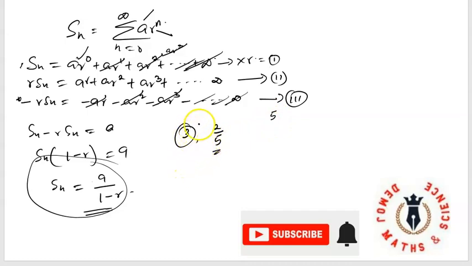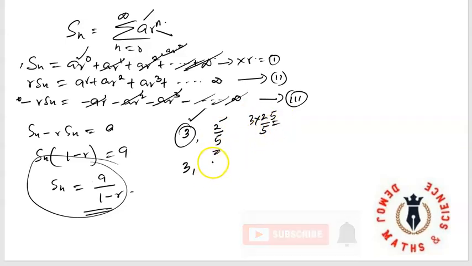Now for this geometric series where my first term is 3 and my r is equal to 2 over 5, the second term will be 3 times 2 over 5, so my second term will be 6 over 5. Then my third term will be 6 over 5 times 2 over 5, that's 12 over 25.